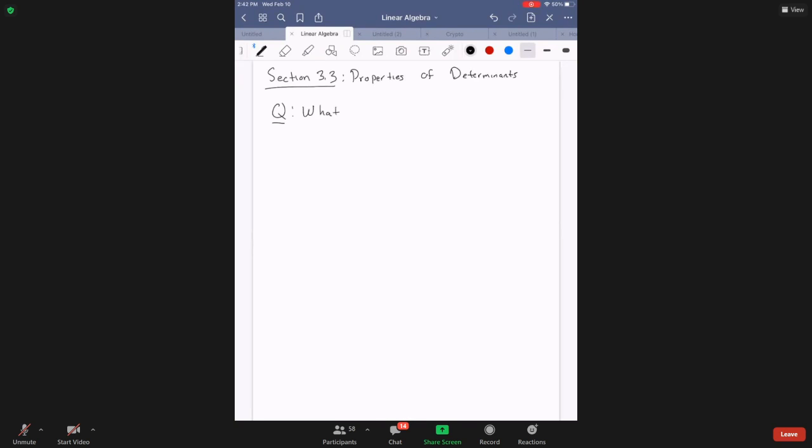What if I wanted to find, let's say, A times B? So if I wanted to find the determinant of a matrix A times B, naively, what would I have to do first if I didn't know anything else? I would have to multiply A times B first and then take its determinant, right?